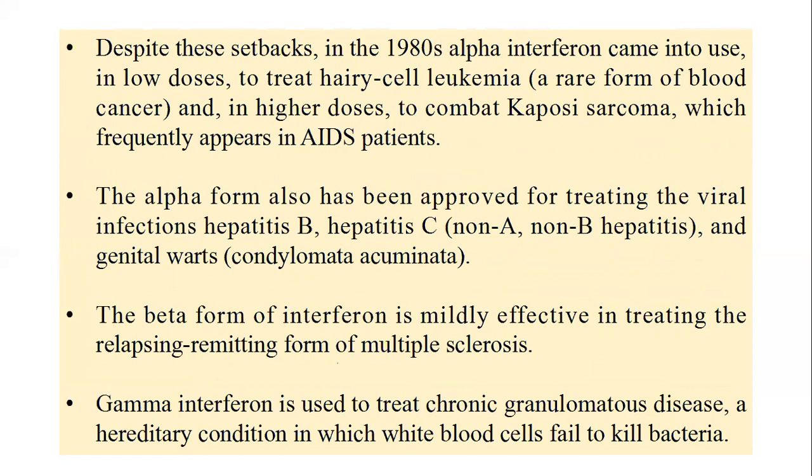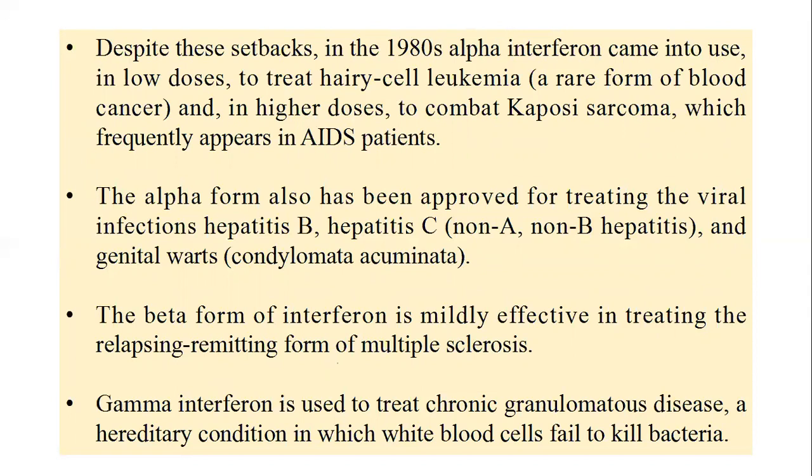First, it was used to treat hairy cell leukemia, a rare form of blood cancer, and in high doses to combat Kaposi sarcoma, which frequently appeared in AIDS patients. The alpha form has also been approved for treating viral infections such as hepatitis B, hepatitis C, and genital warts, known as condylomata acuminata.